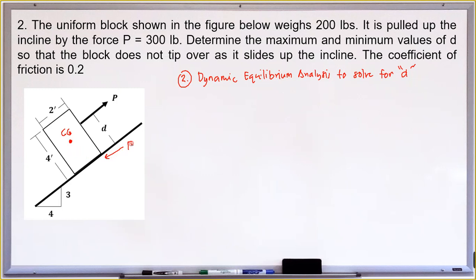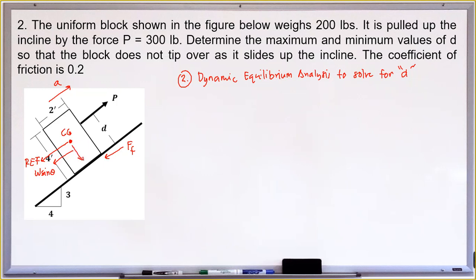We have the frictional force, FF. We have acceleration, A. Then, instead of the resultant, just the reverse effective force. And not only this one, we also have the component forces of the weight. So, don't get confused. This is W sine of theta.